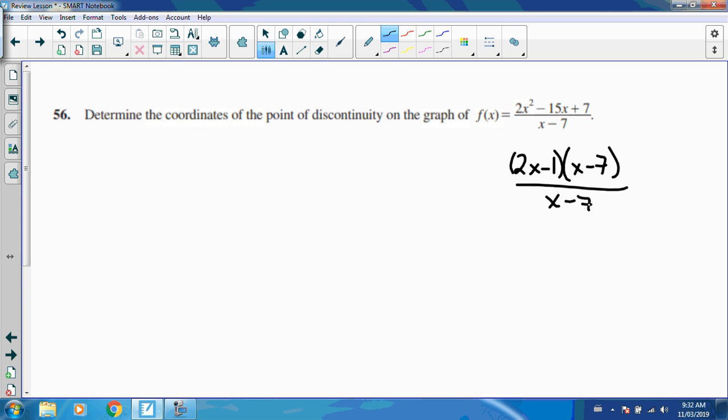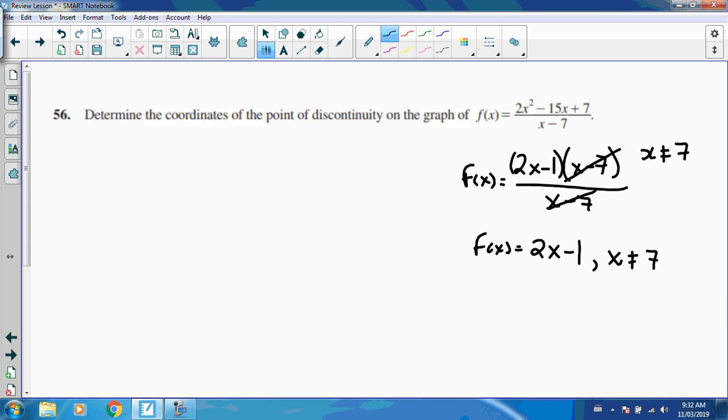So I know at this point that x cannot equal 7. And I also know that this will cancel, and I'll get 2x minus 1. So this is our f of x. And x cannot be 7.